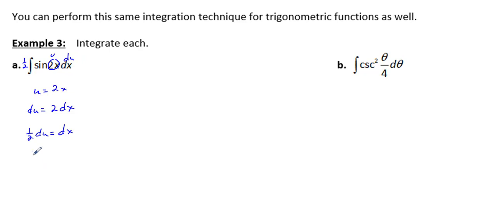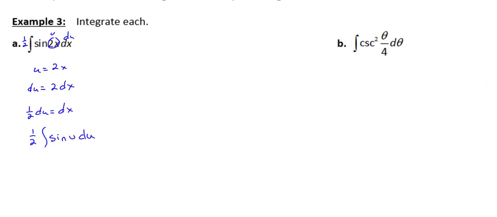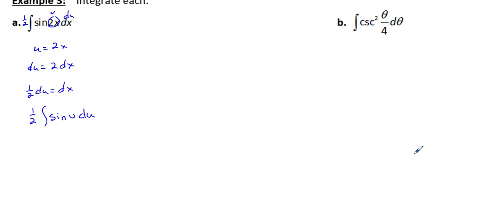So this just turns into 1/2 antiderivative sine of u du. We know what the antiderivative of sine of u is. What would it be? Negative cosine u, that would be correct. Plus c.